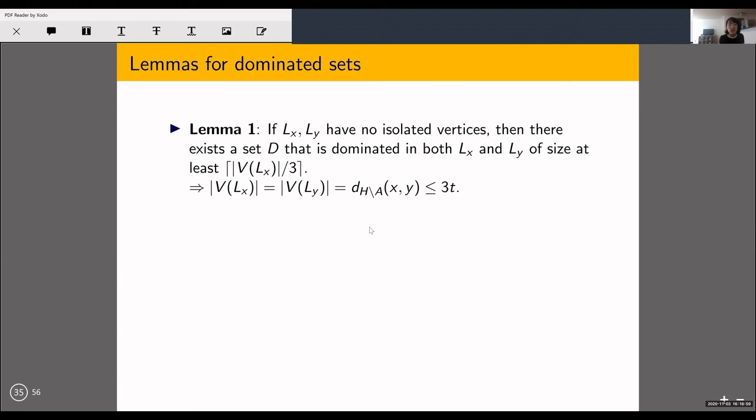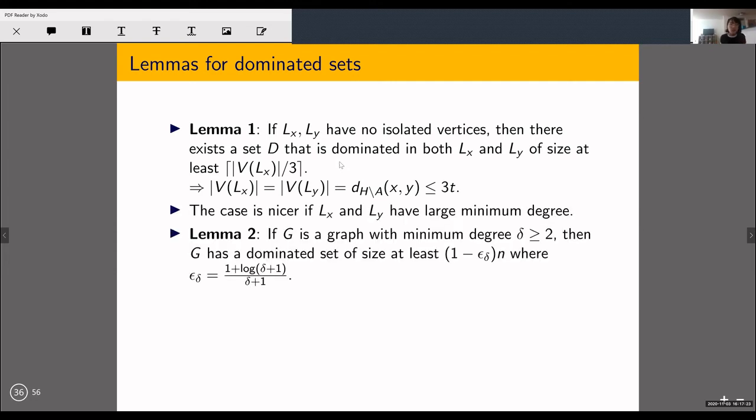It was just defined as the vertices U such that X, Y, and U form a hyperedge. In other words, this is just the codegree of X and Y in this H minus A. Okay, and then what this lemma says is that this codegree can be at most 3t. Otherwise, we will find a dominated set of size at least t, which gives us a bad trace.